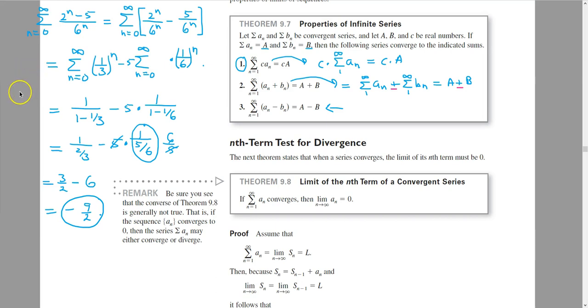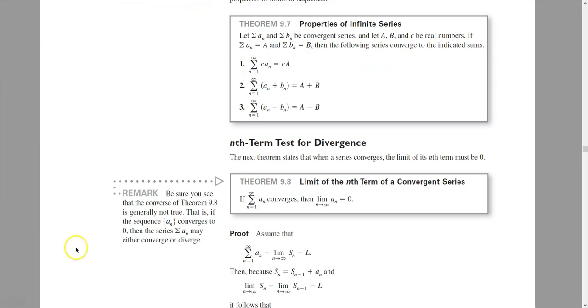And now let's take a look at something called a collapsing or telescoping series. So let's consider a problem like this. Suppose we want to evaluate... Alright, so we have the sum from 1 to infinity, 1 over n squared plus n.